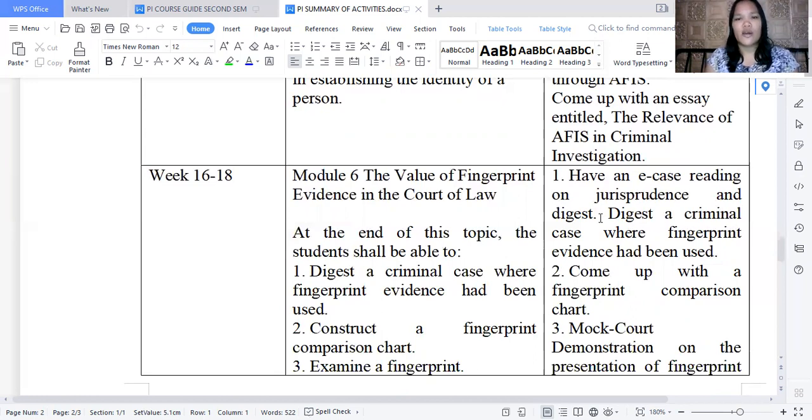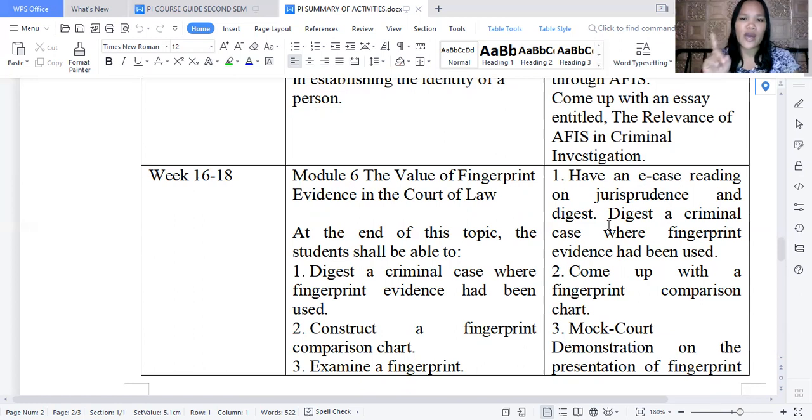So you have to have further reading about criminal cases. And in there, you will learn that fingerprint is very essential in the administration of justice, of which it also aids the investigator to come up with a lead or a solution to such case, isn't it?